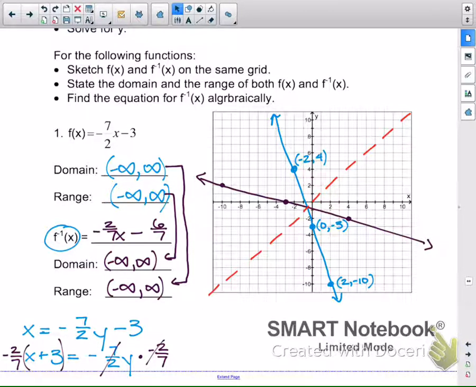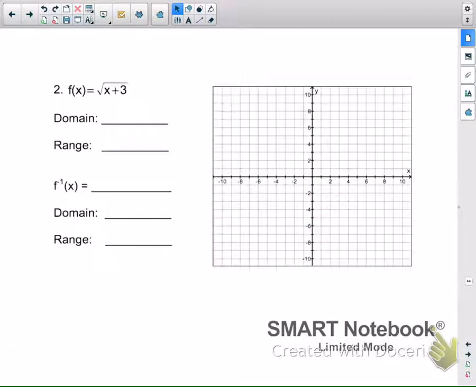All right, let's try a different kind of equation then. On the next page, I now have a square root function. Now, if I approach this using my transformations method that we were talking about today, the parent function of this is a square root function. The square root function has the points 0, 0, 1, 1, and 4, 2. What transformation is being done if there's a plus 3 under the square root?